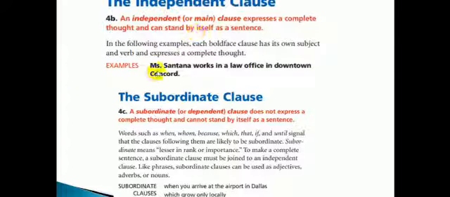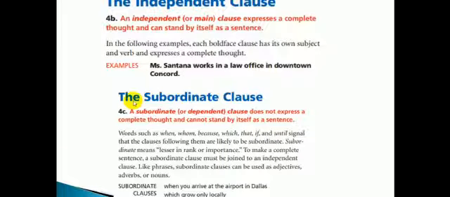The example: Miss Santa works in a law office in downtown Concord. Here it has a subject, it has a verb, and it has a full complete meaning, and it doesn't really need another sentence or another subordinate clause to depend on.